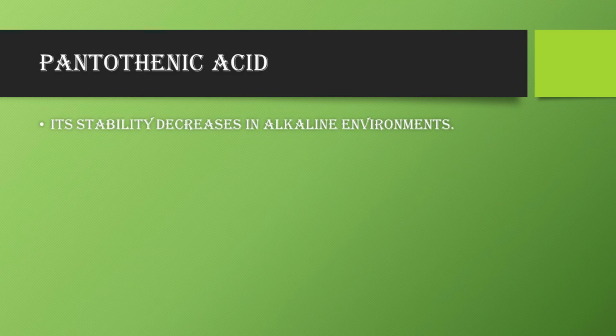It is stable in solution in the pH range of 5 to 7 and less stable outside this range. Pasteurization and sterilization of milk result in very little or no loss. The production and storage of dried milk involves little or no loss of pantothenic acid.